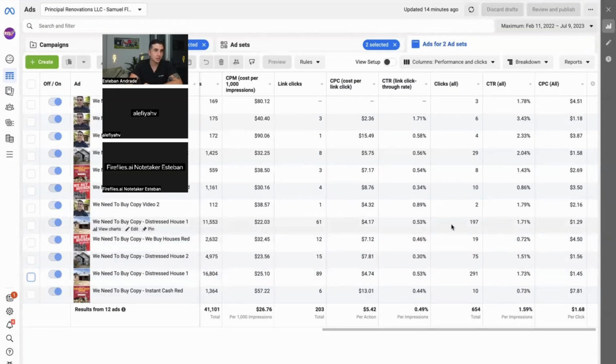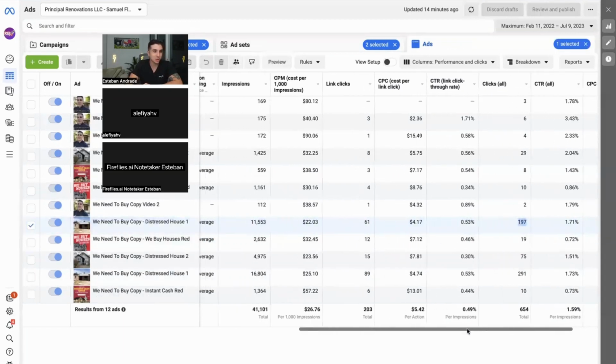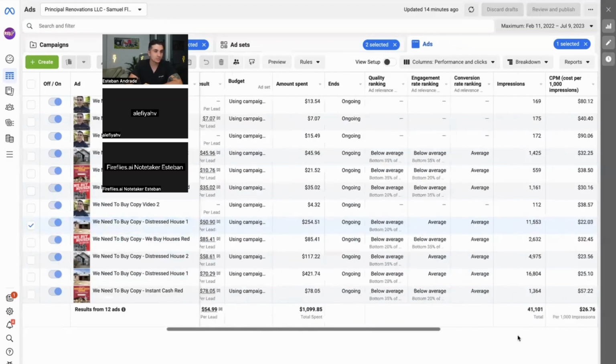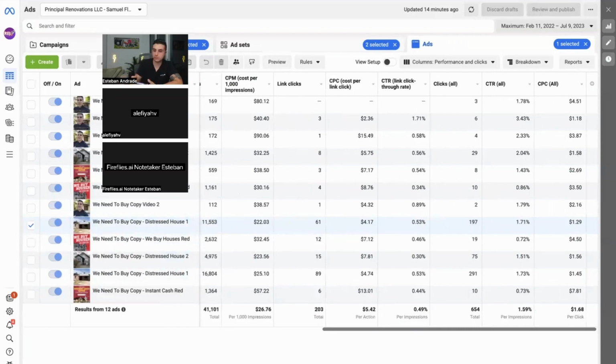If we had 197 clicks overall out of 9,292, and we were to do the math, 197 clicks divided by 9,292 reach is about 2% compared to the reach, right?